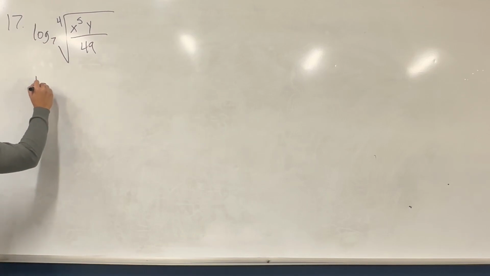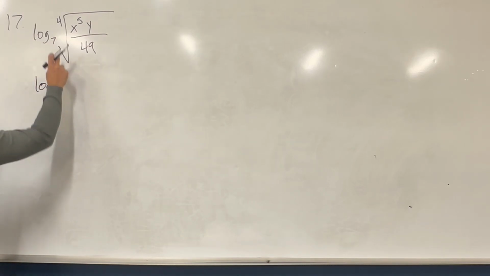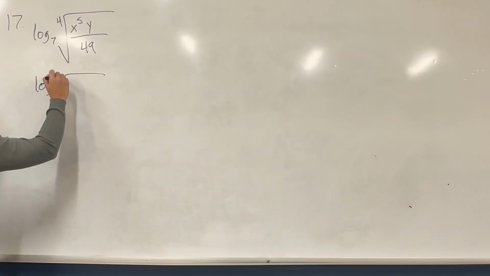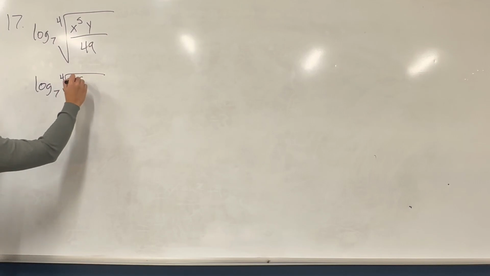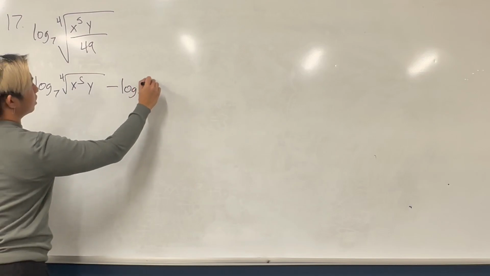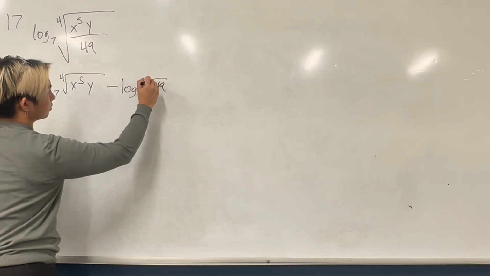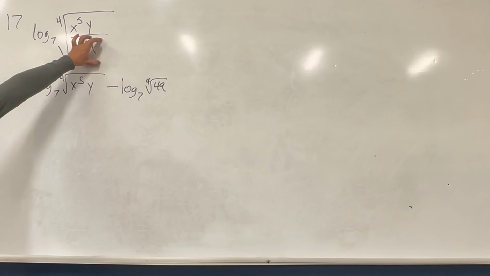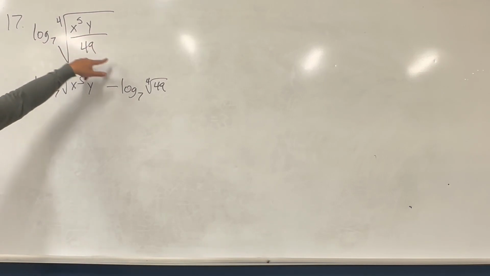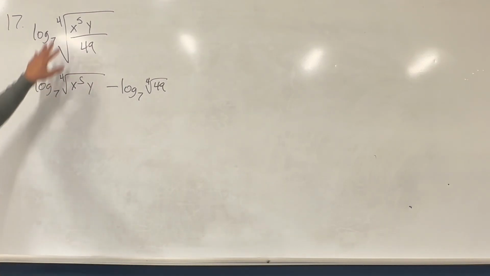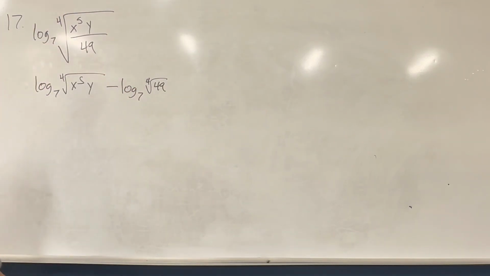So I'm going to write out log base 7 of x to the 5 y, minus log base 7 of 49 to the 4. The denominator basically means this whole thing is getting subtracted, so I just move it out by itself.